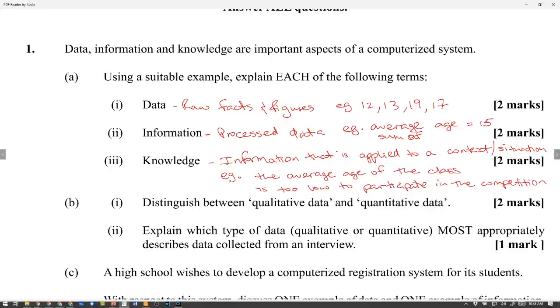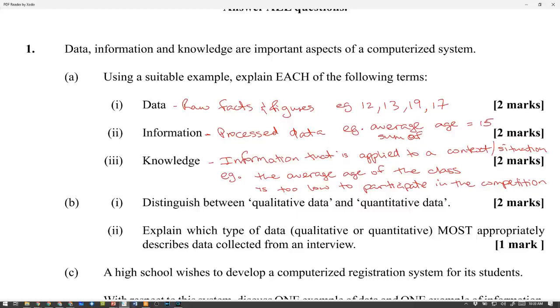Any other application could be, example, the sum of the total amount of sales is less than projected, therefore the business has to close, or something like that, right? So anywhere that you take the information that you processed and you apply it to some sort of context or situation that results in an action, that would be knowledge application.